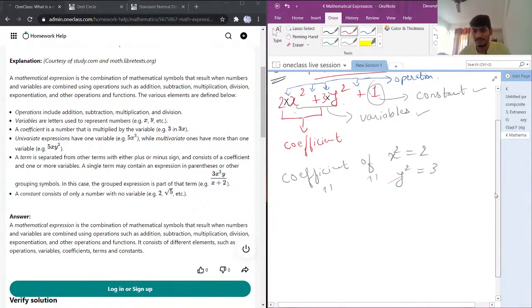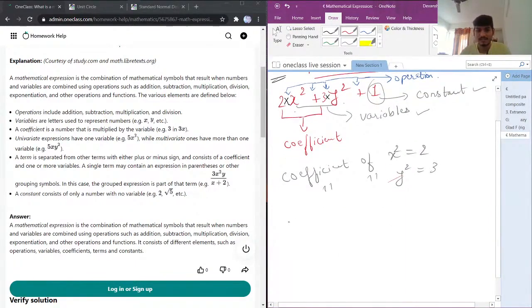I'll give one more example. So this was the multivariate. I'll give an example for univariate. Let's say 7 plus 38 x power 4.